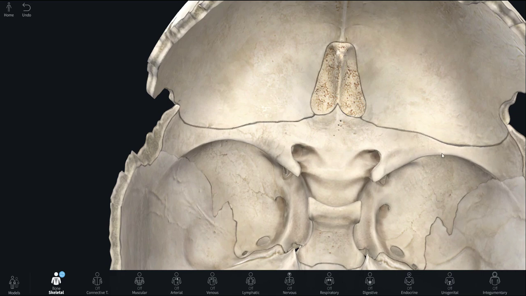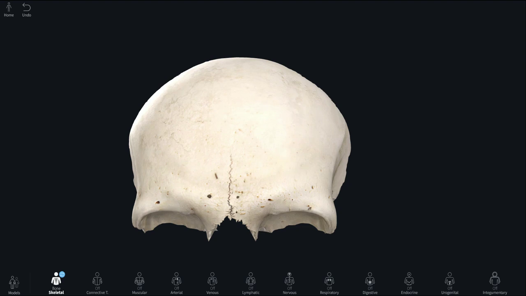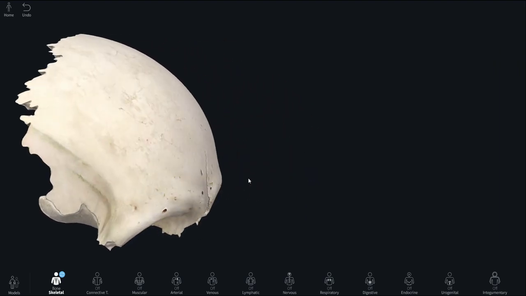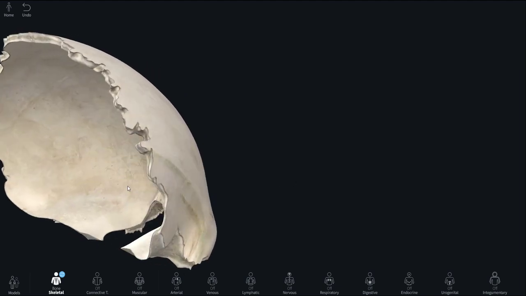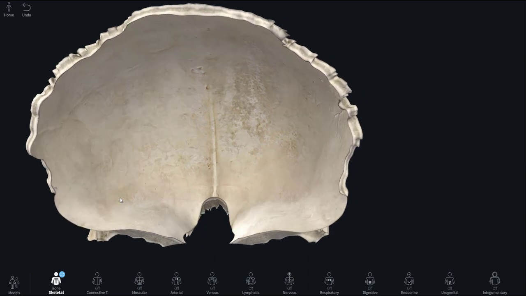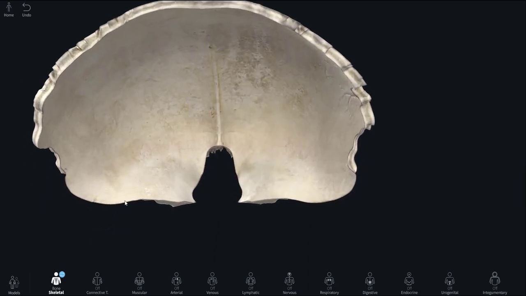So the lesser wing is articulating with the posterior margin of the cerebral surface of the orbital frontal bone, right? If we do a last quick revision of the fate of the orbital plate, we can find that the posterior margin is articulating with the lesser wing of the sphenoid, right?